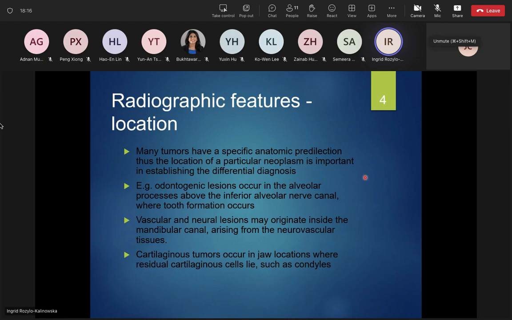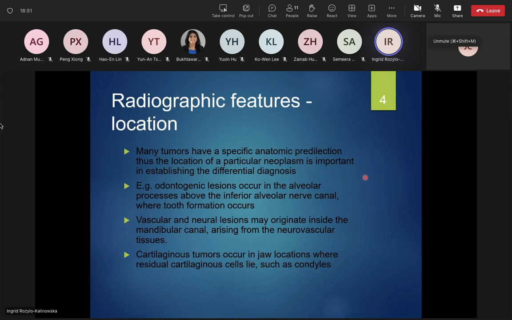The contents of the canal are the nerve and its blood vessels, so it's quite possible that a lesion visible inside the canal is of vascular or neural origin. So it can be a neuroma, a neurofibroma, a schwannoma, which are neural tumors, or it can be a hemangioma, a tumor derived from blood vessels.